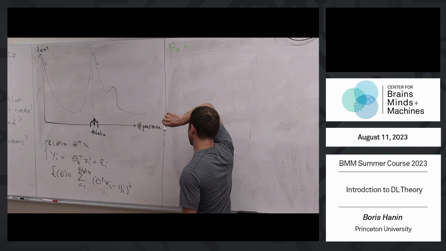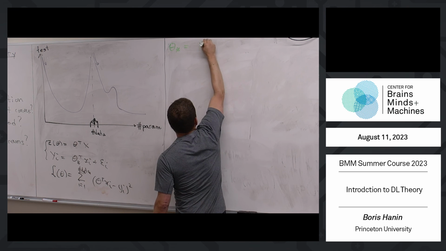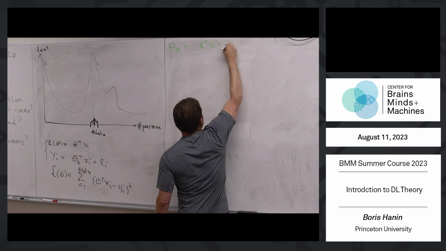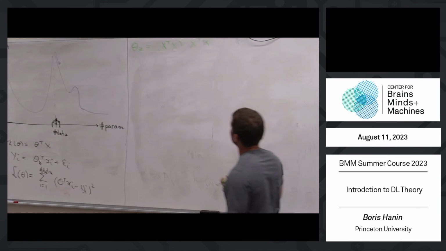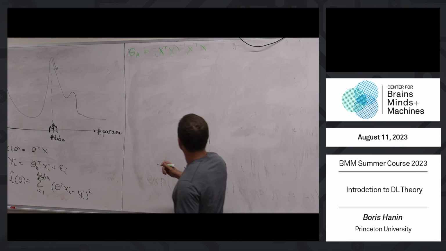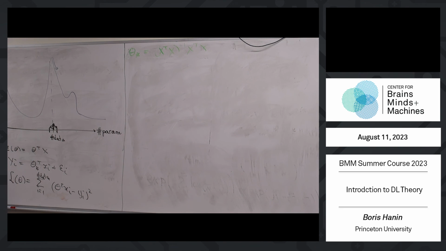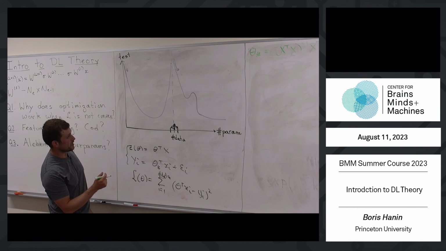So let me see, I have to take theta transpose. OK, it doesn't matter. So X transpose X inverse, let's check. X transpose y, that's your claim? I think that's almost right. It's almost right. Let me do it. I don't think that's quite right.